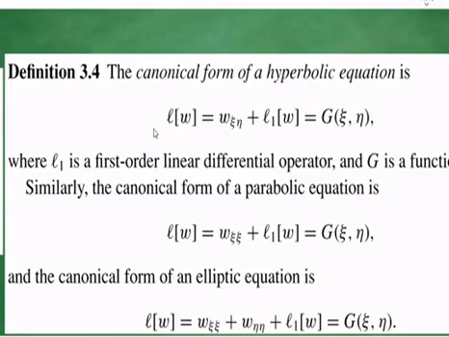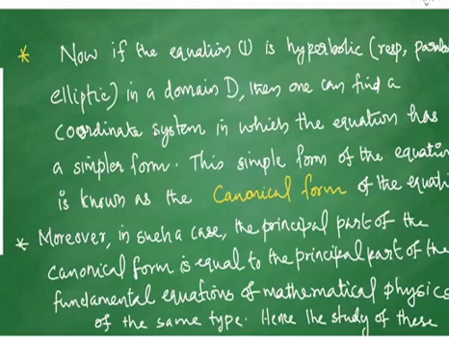Then one more thing we need to keep in mind: if equation 1, our standard form Lu equal to 0, is hyperbolic, or respectively parabolic or elliptic, in a domain D, then one can find a coordinate system. We have already proved that the type of the second order equation is invariant under the change of coordinate system.